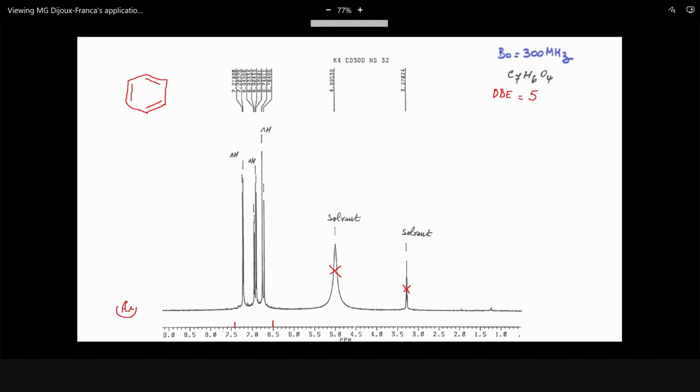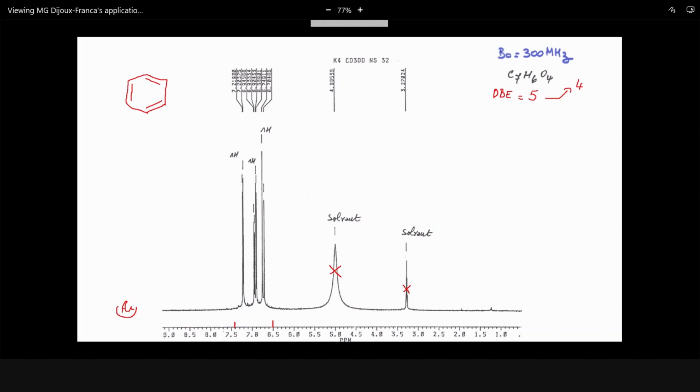Because we don't have to consider only the double bonds, but also the cycle. In an aromatic ring, I have 3 double bonds and a cycle, so the aromatic ring accounts for 4 of the 5.